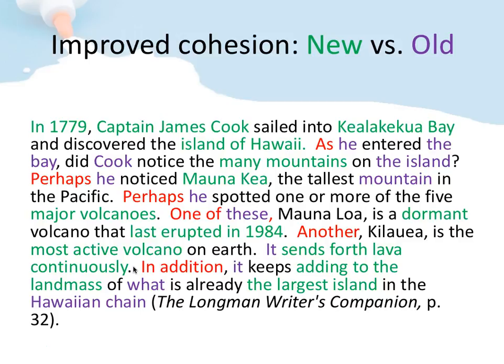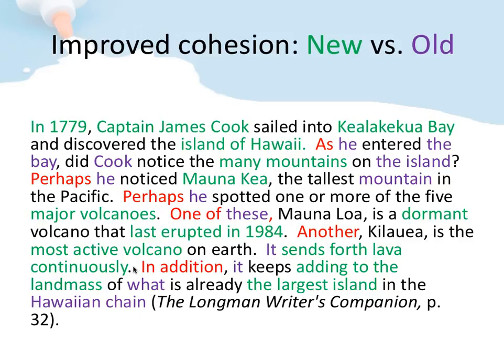You'll notice the first sentence is a lot of new information. You're introducing these ideas. He sailed into this bay, he discovered Hawaii. Then look in the next few sentences, as he entered the bay, we're now referring back to Captain James Cook with he. We're not giving the full name of the bay, we're just mentioning the bay.